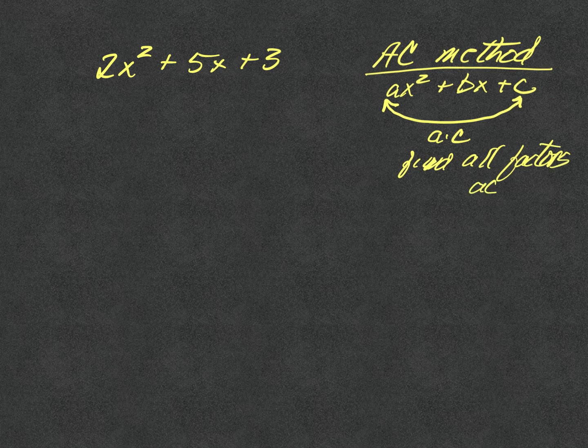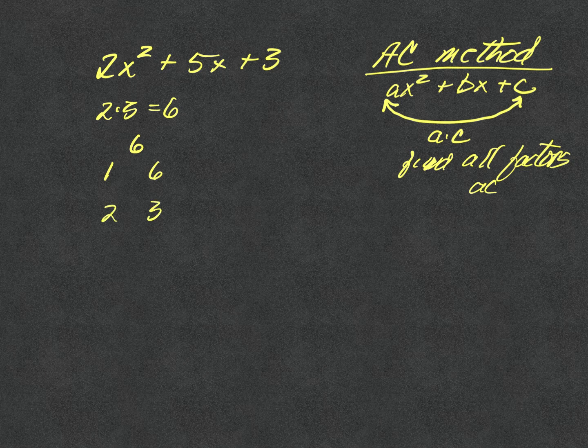So what we would do here is take 2 times 3, which is equal to 6. And then from the 6, we would list all the factors: 1 times 6, 2 times 3. That's all there is.